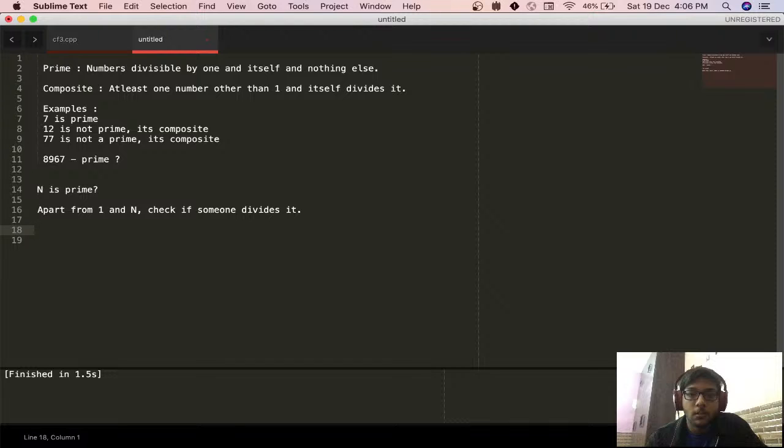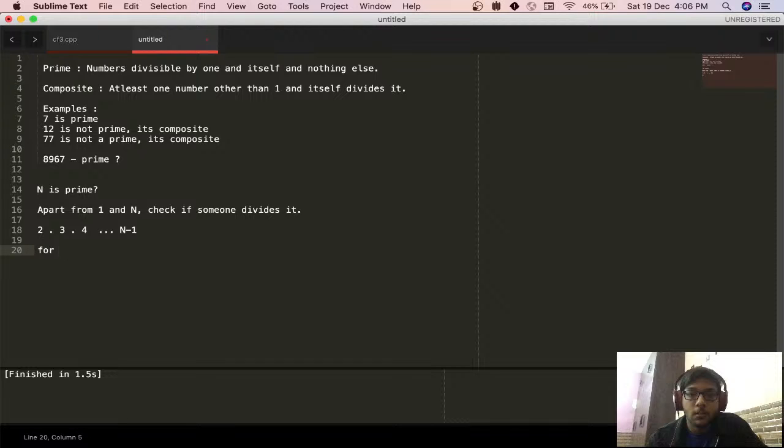So what we can do is check all numbers 2, 3, 4, ... up to n minus 1, because we know that n is going to divide n, and we have to remove that from the definition. So we just have to check if any of these divides n or not. This is a brute force solution.